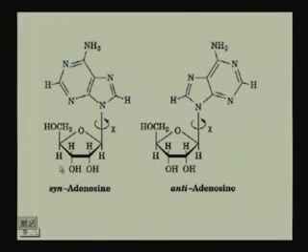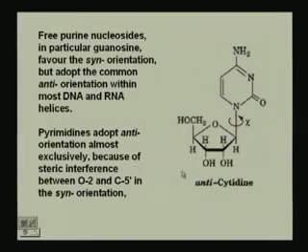Okay. So, what we have is we can have syn adenosine or we can have anti adenosine, where we have this sugar ring and the base away from the pentose sugar. When we have the purine nucleosides, we have an anti configuration, when this oxygen is away from this part. We can have the syn orientation when there is rotation about this and this oxygen comes above this part.